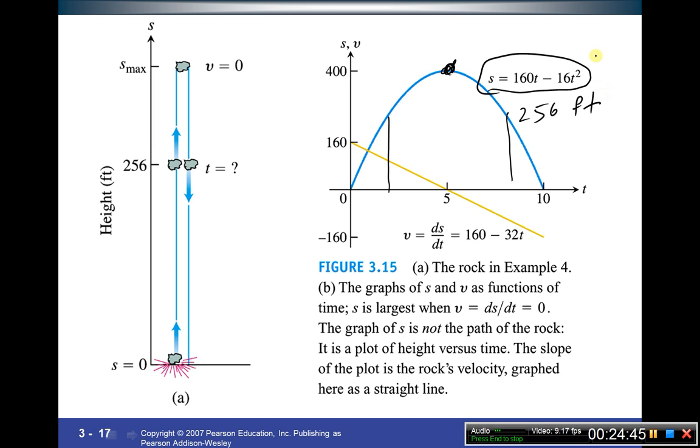We've also plotted the velocity of this rock, which was 160 minus 32t, which is a straight line. And you can see that the velocity is positive for the first 5 seconds when the rock is on its way up, and the velocity becomes negative in the next 5 seconds as it comes back down to the ground.